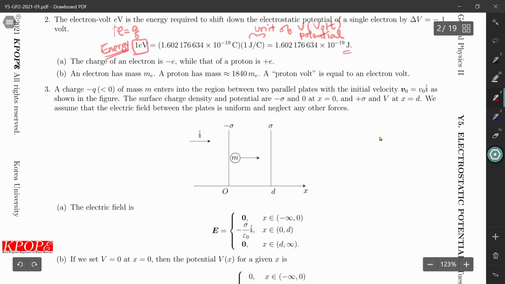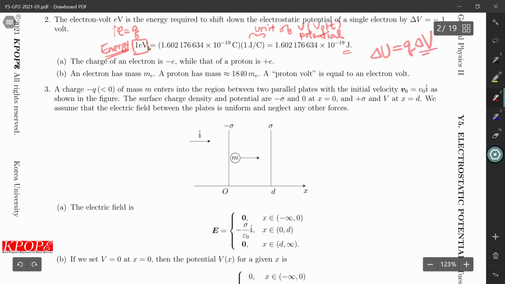Q times V. The charge of an electron is minus e, while that of the proton is plus e. So if there is a potential difference of the same amount for proton and electron, the energy change is opposite in sign, because delta U is charge times potential.